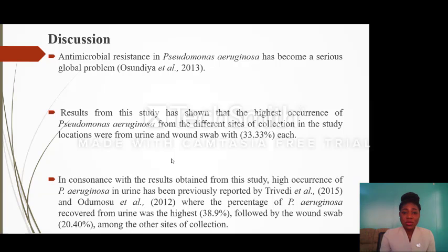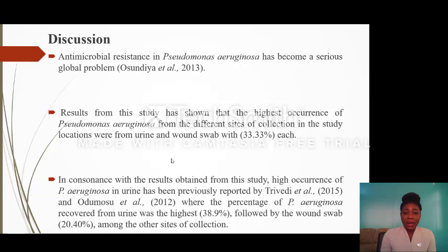In consonance with the results obtained from this study, high occurrence of Pseudomonas aeruginosa in urine has been previously reported by Trivedi et al., 2015 as well as Odumosho et al., 2012, where the percentage of Pseudomonas aeruginosa recovered from urine was also the highest, followed by wound swab with 20.40% among the other sites of collection.